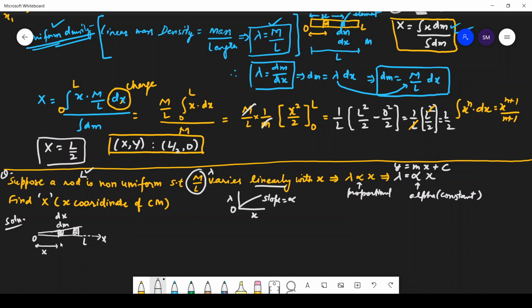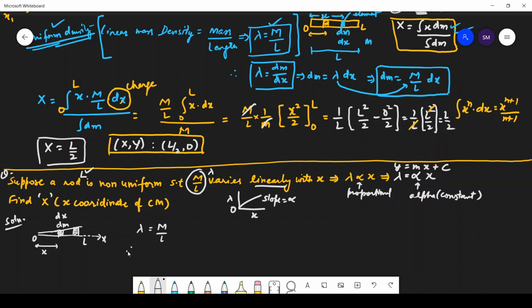So we'll do this problem as we have done the earlier question, but here the twist is that the linear mass density is not constant. Earlier it was constant, but here it is not. So the same thing we are going to write: lambda equals m by L, and lambda is not constant.